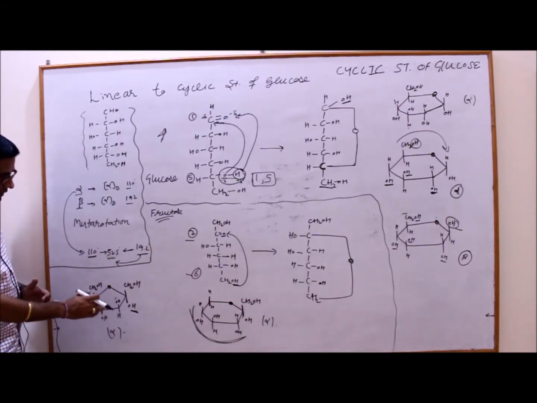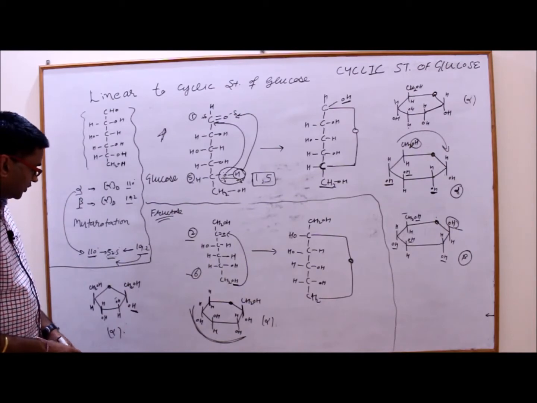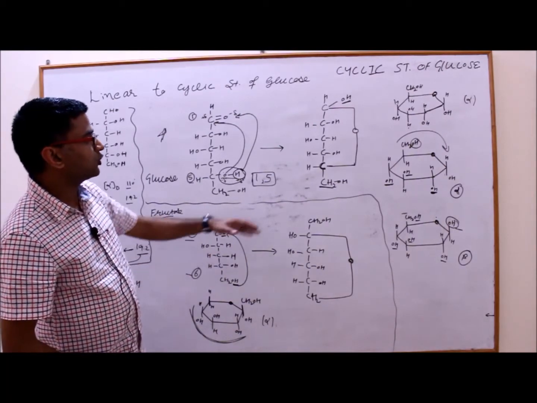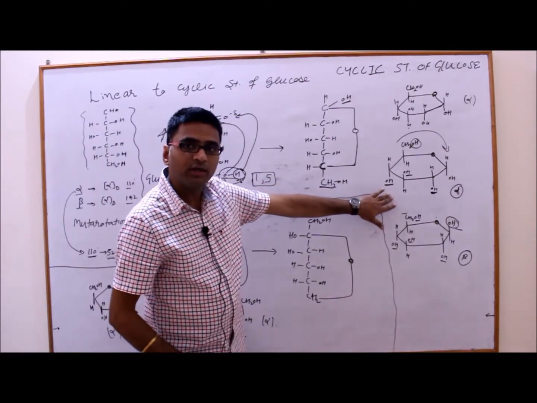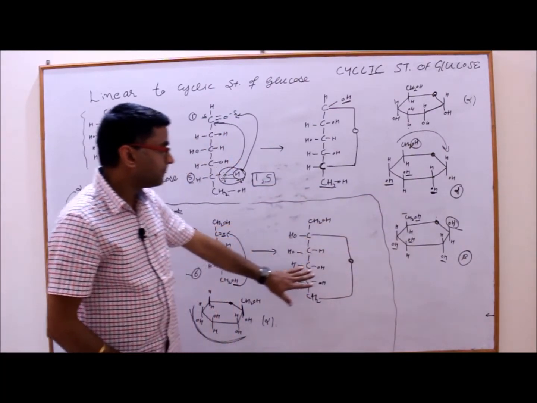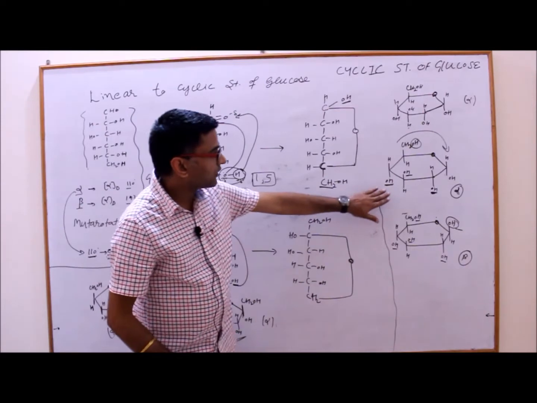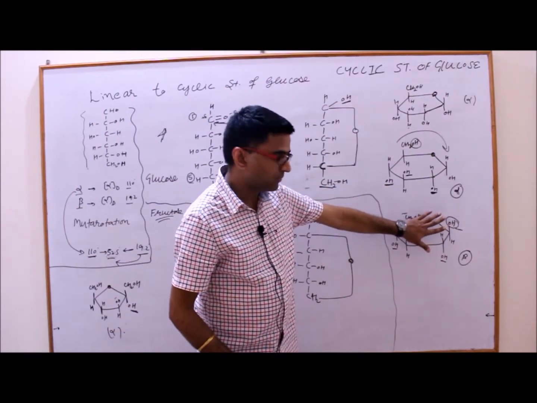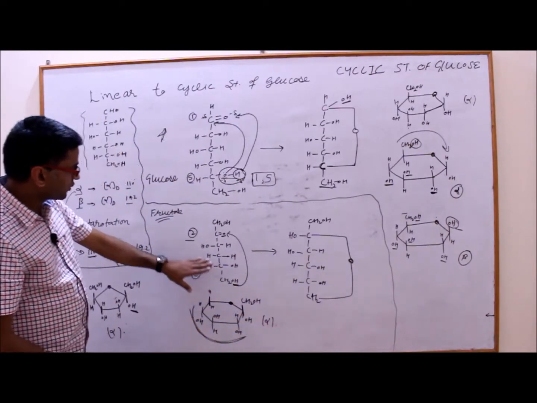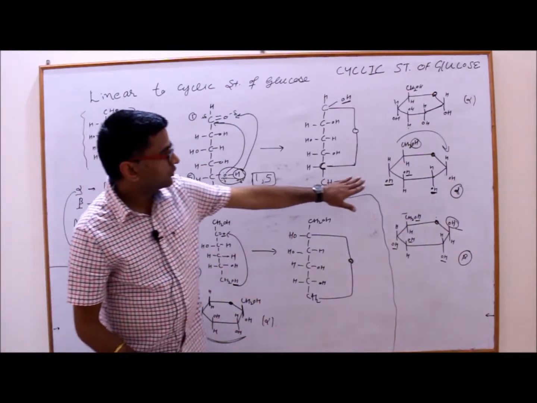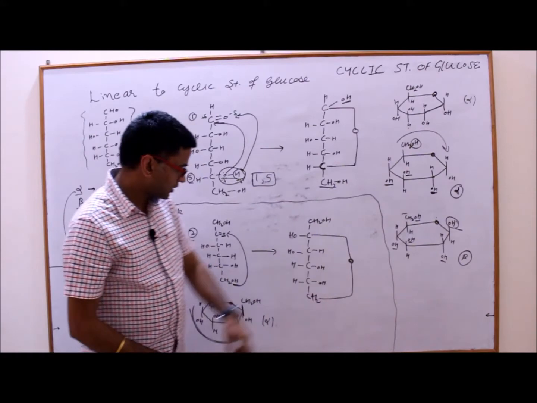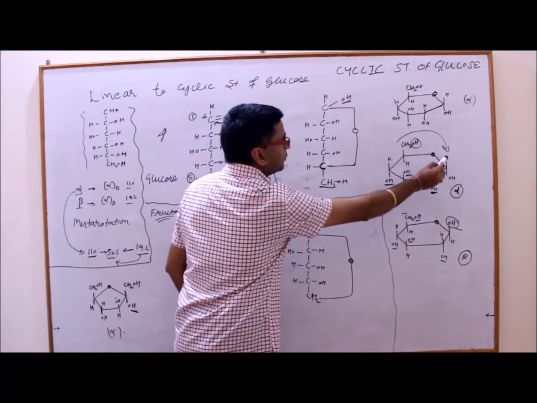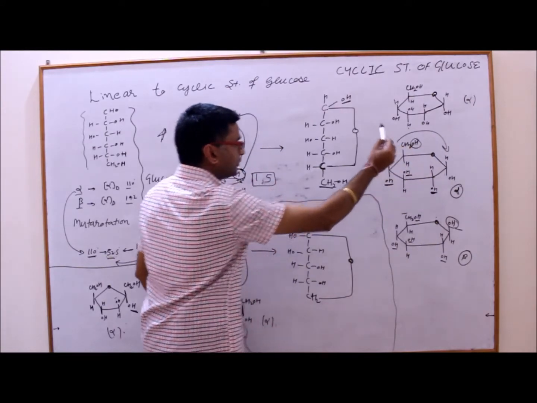So in this way you can remember a little bit what was the position of H and OH. And the most important is that you can remember the structure of glucose only, and from this you can derive the other forms. Alpha always OH downside, beta always OH upside. In case of fructose, draw the same structure, but just change the position of CH2OH from here to here and H goes from here to here.